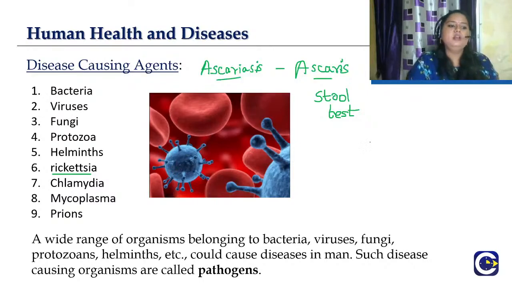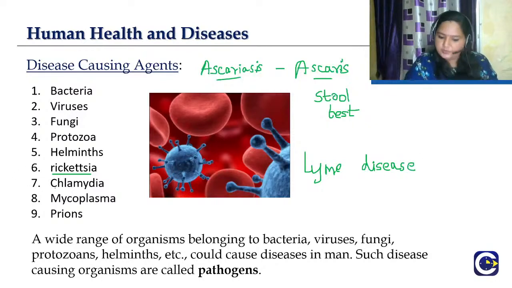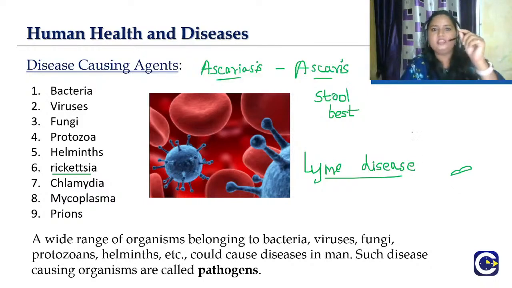For example, there is a disease called Lyme disease. This is caused by a Rickettsia species. This Rickettsia species is present inside the American dog tick. Have you seen ticks? A small, insect-like thing that sticks on the skin of the dog.